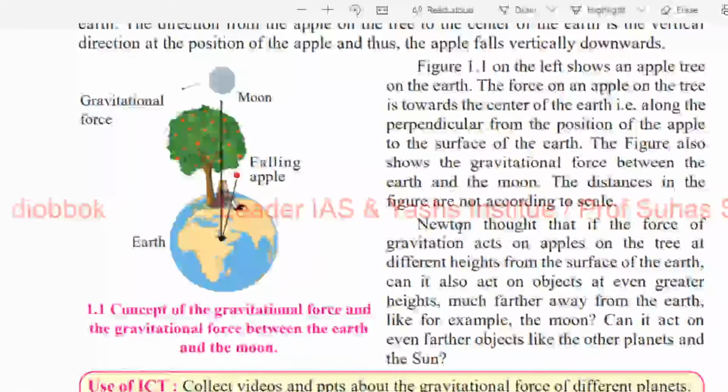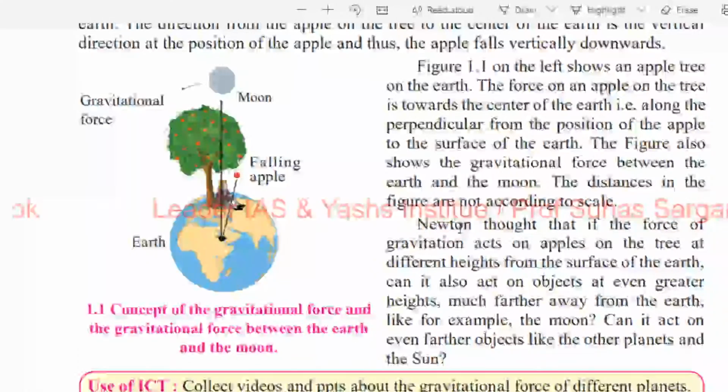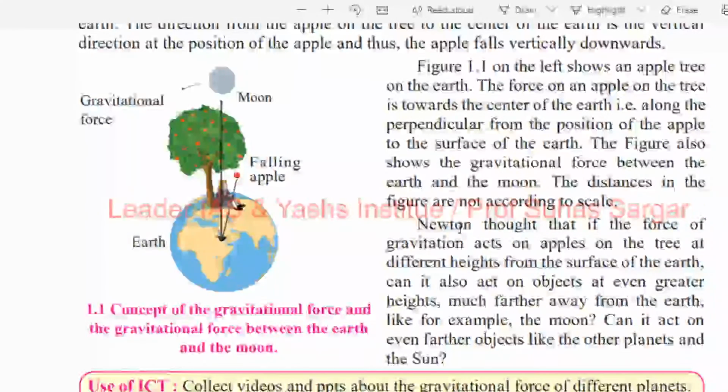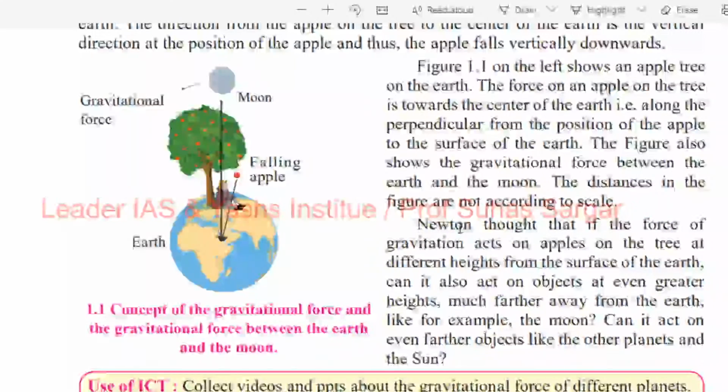See in the picture, there is a moon, there is an earth, and there is a gravitational force acting between them. You are seeing a tree. Below the tree, Newton is sitting and the apple is falling.